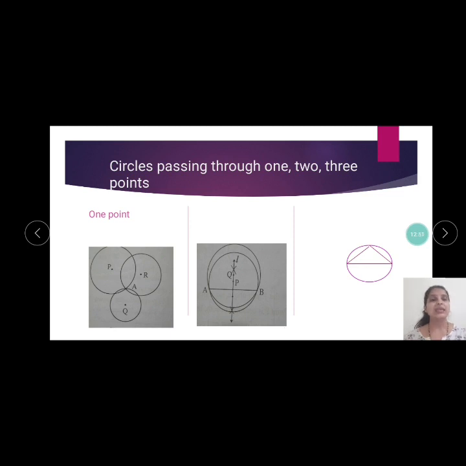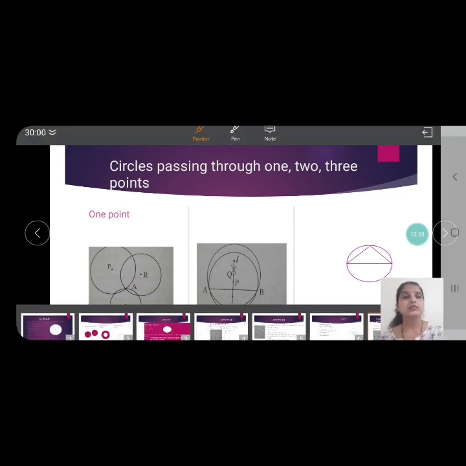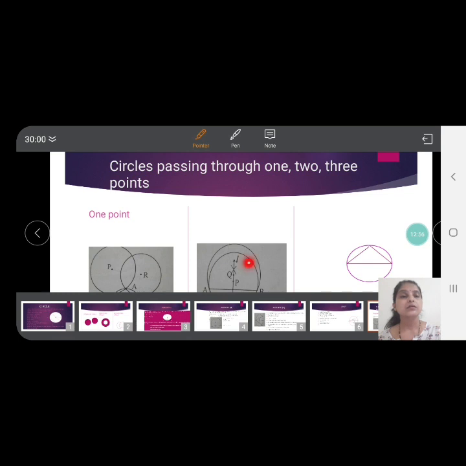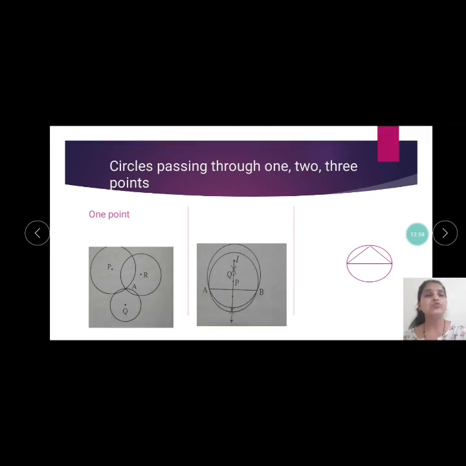The next one is 2 points. Now when I join the 2 points, I get AB. Now I will draw a perpendicular on it, and on this I will take points at fixed distances, which will be the centers of the respective circles passing through points A and B. Now here, if I ask you how many circles can be drawn, you can try all these activities.